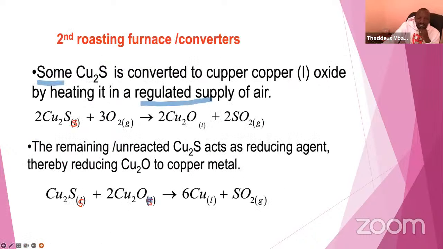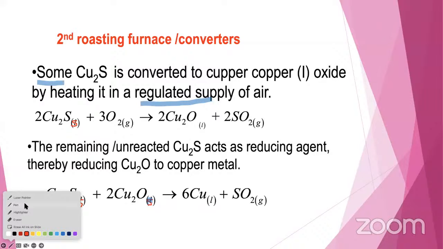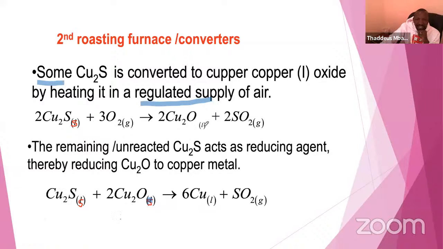Which we now take to the second roasting furnace. The only thing that goes to the second roasting furnace is copper 1 sulfide, whereby in the first reaction, some of the copper 1 sulfide is converted to copper 1 oxide by heating it in a regulated supply of air, whereby the products are copper 1 oxide and sulfur oxide.